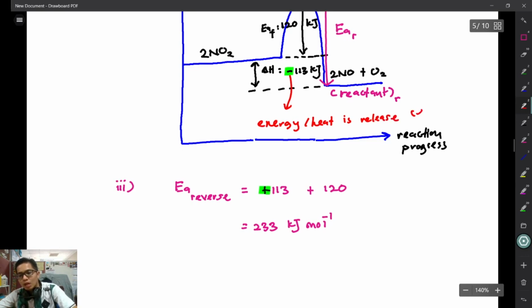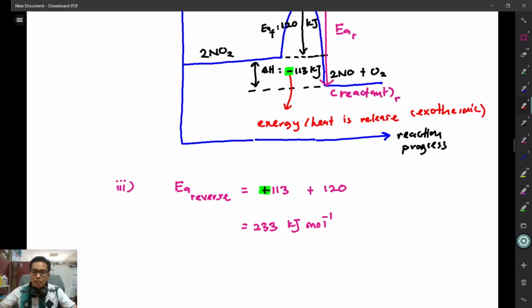In other words, an exothermic reaction. Forward exo, reversed becomes endo. Always opposite to each other. So that's all for question number 9.